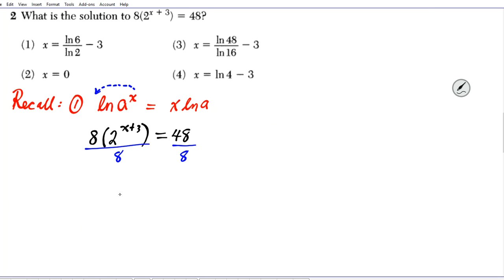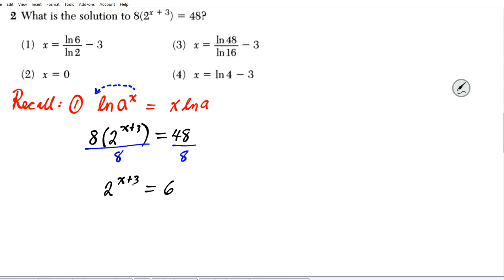When you do that, you get 2 raised to the x plus 3 equals 48 over 8, which is 6. Now to power down this exponential value, we're going to take advantage of this property of logarithms that we wrote here.